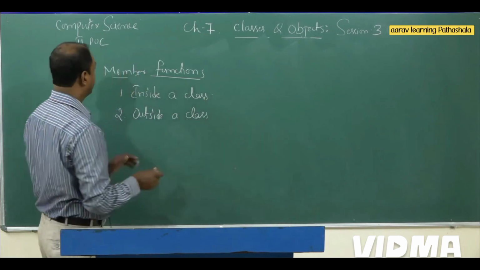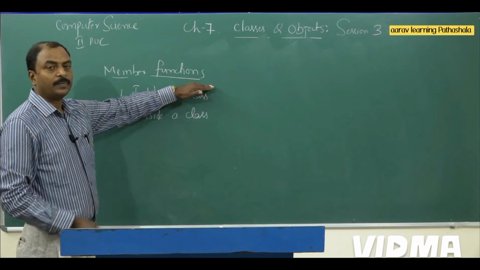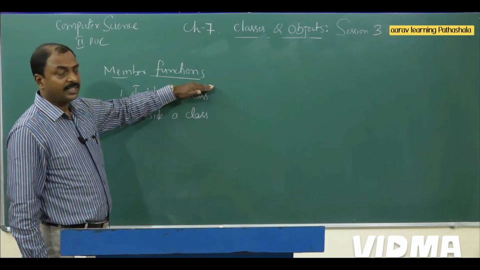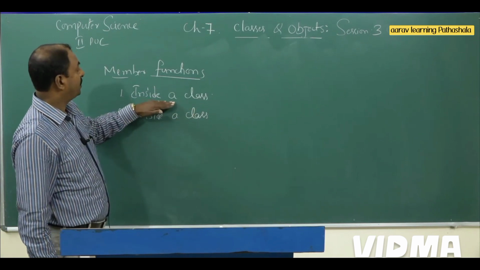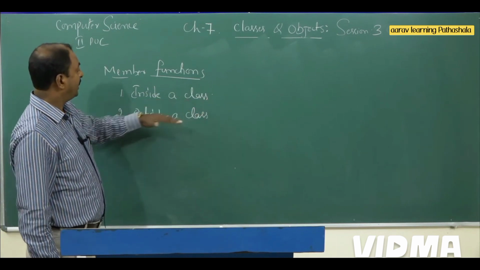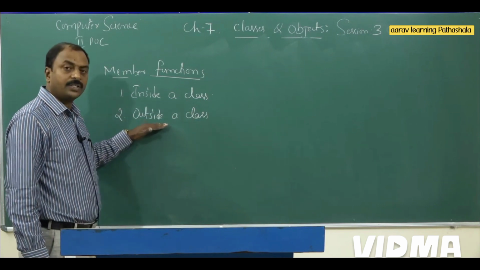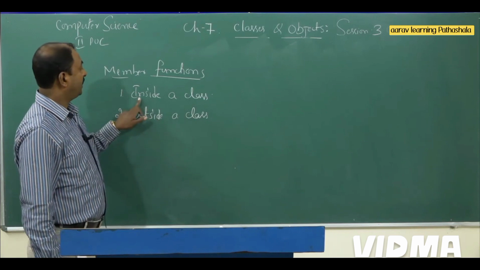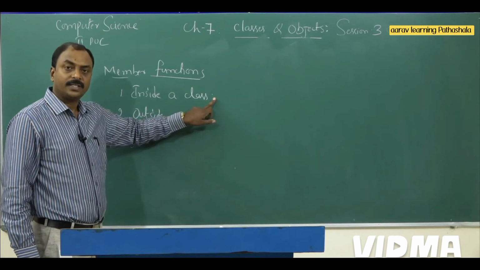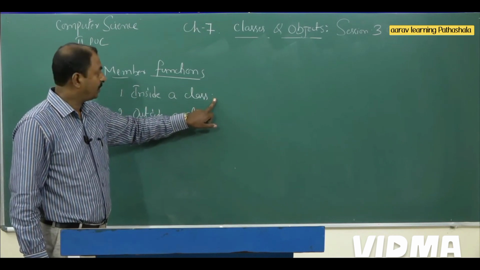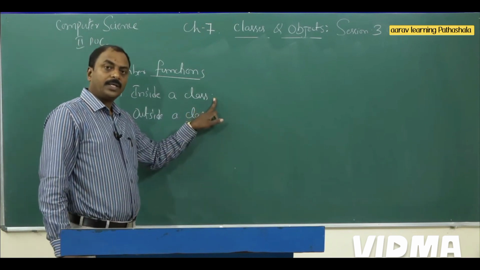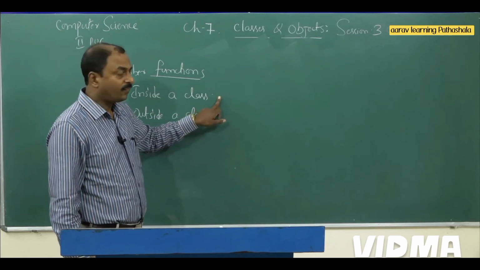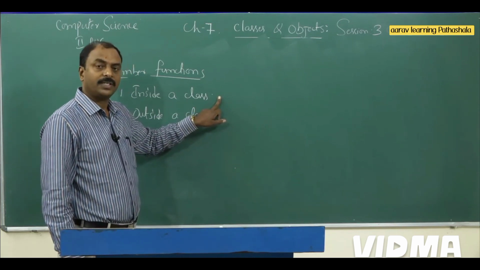So, what is the meaning of this? In my previous example, addition of two numbers, the program I wrote is an example of a function definition inside the class, and the other method is function definition outside a class. In the first method, at the beginning we write inside the class the function name as well as the function definition itself.